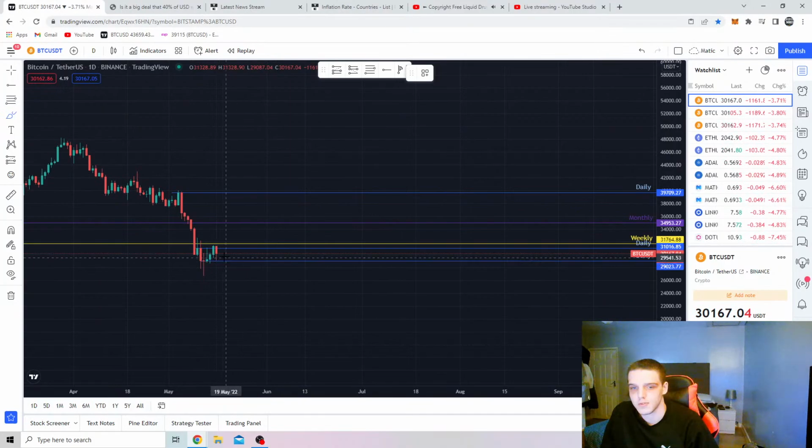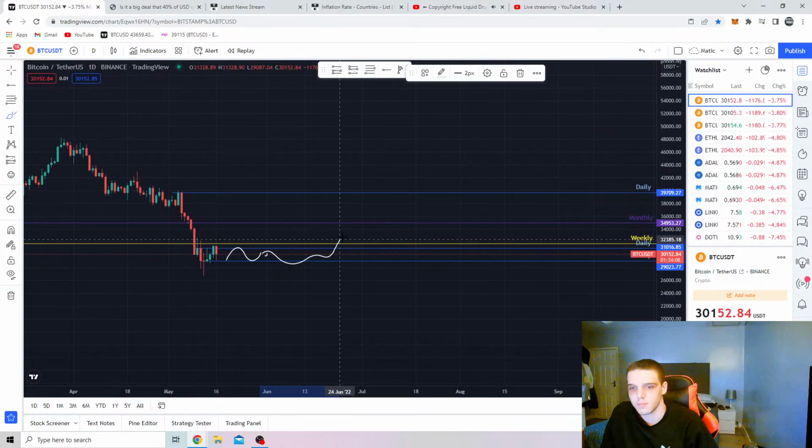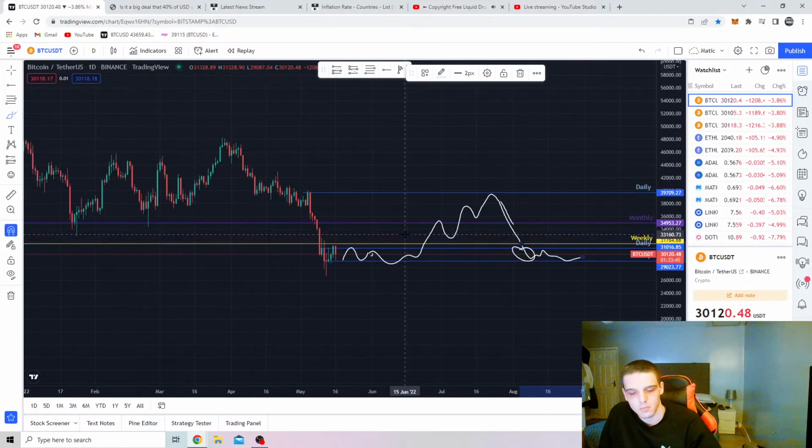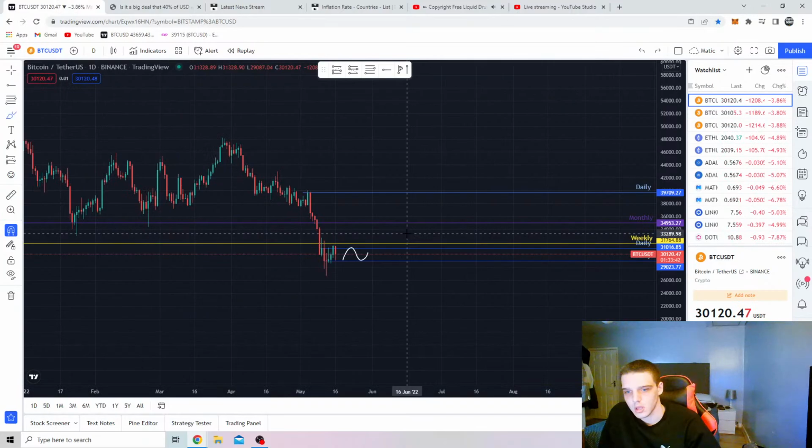If we come up to this, for example, then I'd expect us to at least come down and test that monthly and hold that monthly, because obviously a monthly is a strong level, or we come back down and enter this range area again and start going up and down essentially for the rest of the year. That's something that could happen before we have a next bull run. But there are a lot of things to consider.